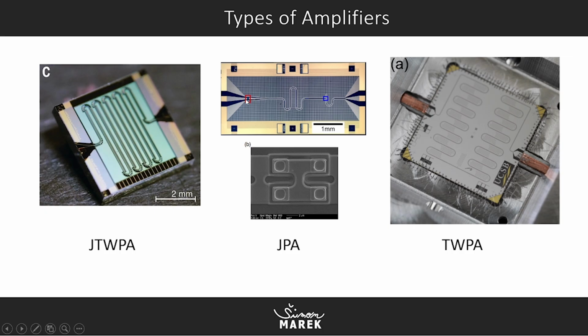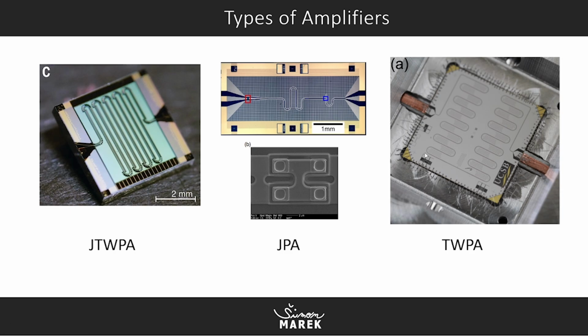You will only have some gate input capacitor, which is here, and then you will have a meander, and there is only one Josephson junction, and there's a connection to the other meander side, and the meander basically tells us the frequency of our amplifier, and this is a very simple one, and it is tuned at only one frequency.